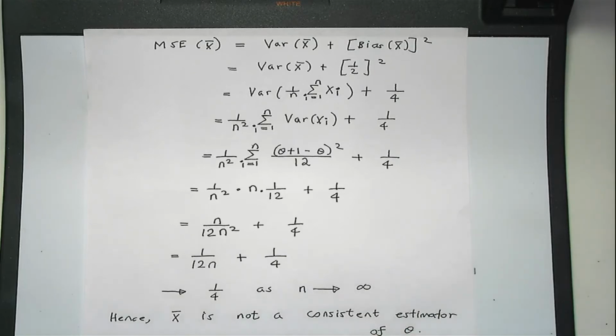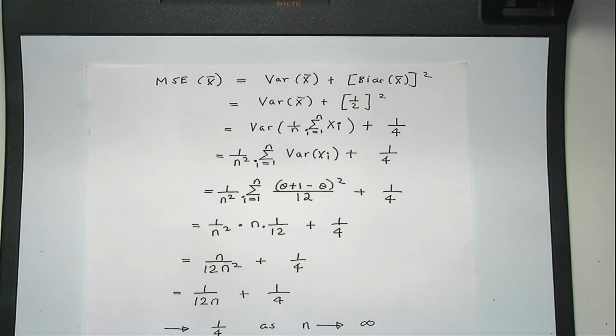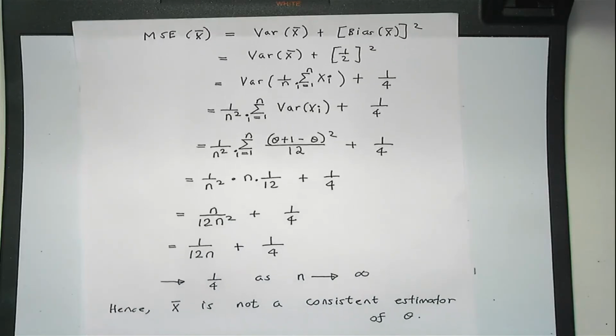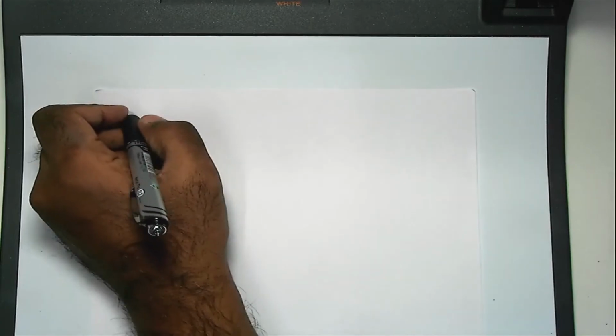Okay, so in this example, the x bar is a biased estimator, which is not a good thing, and it's also not a consistent estimator, which is also not a good thing, right? Remember, a good estimator is one which is unbiased and which is consistent. Example 3.